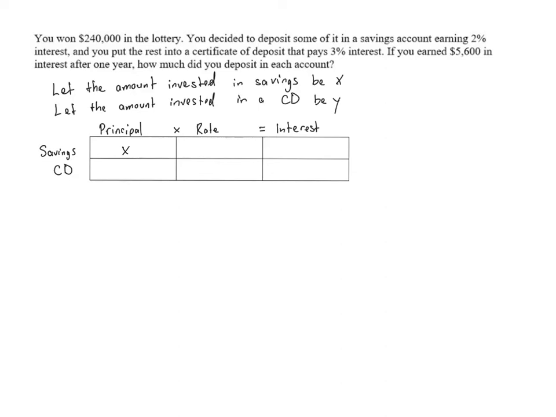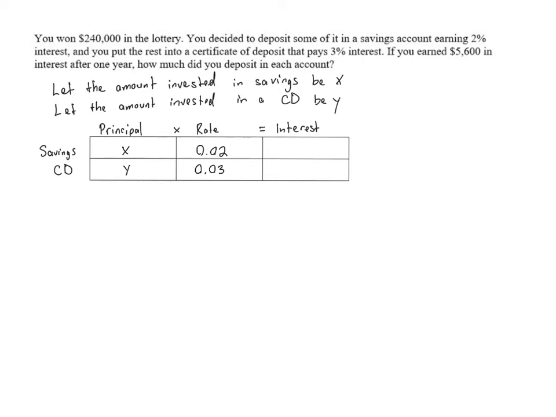And the principal in the CD, the amount you invested in the CD, we said was y. Now, if we look at the rates, the interest rate for the savings account was 2%. As a decimal, that's 0.02. For the CD, the rate was 3%. And as a decimal, that's 0.03.